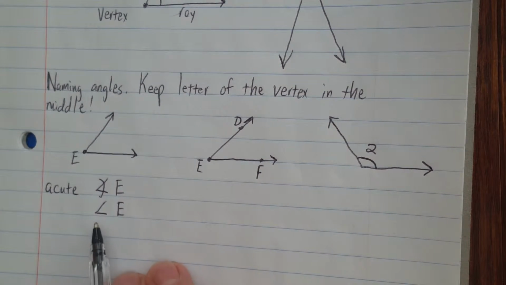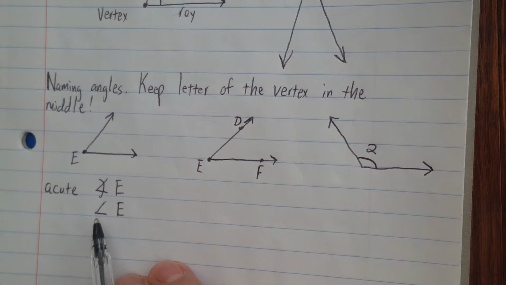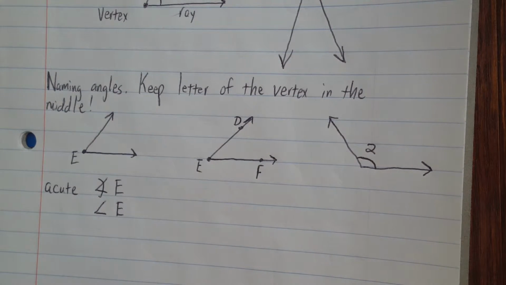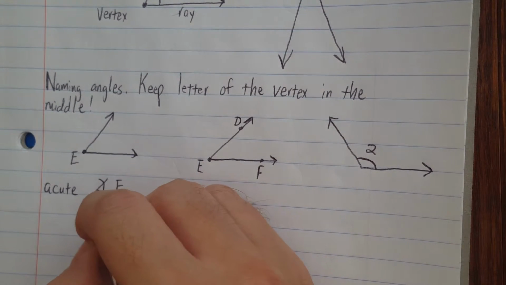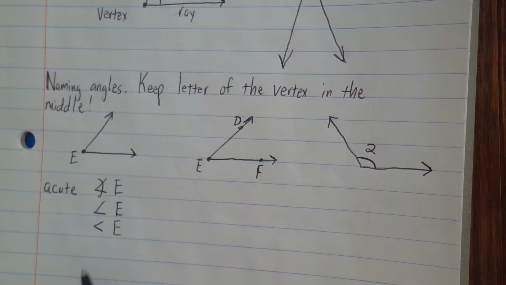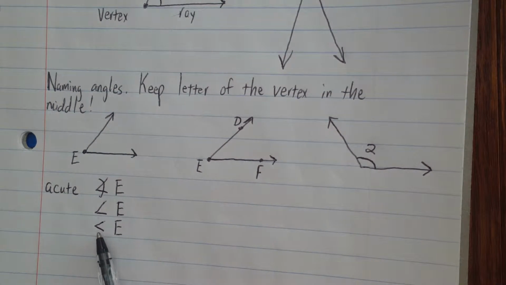This symbol also means angle. I would probably be careful using this symbol. It's okay if you do that, but only for one reason. I don't want you to get confused if you quickly write it like this, because this actually means less than.